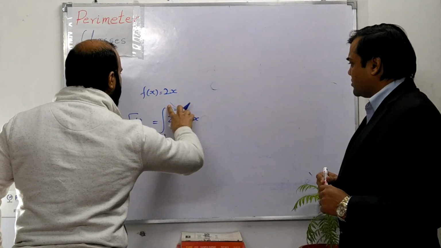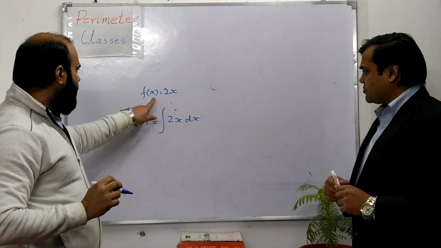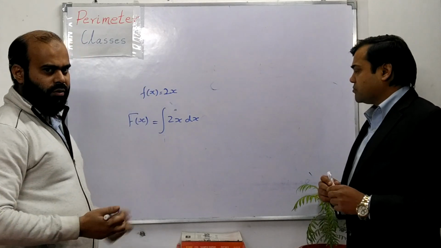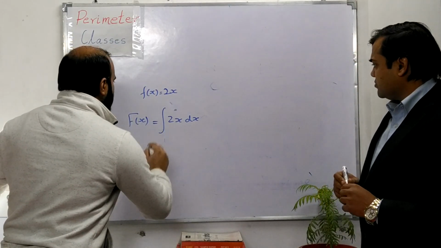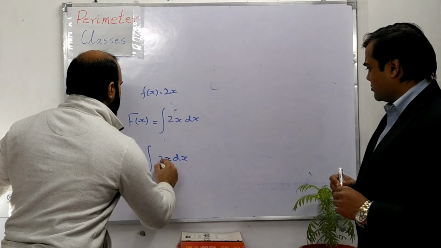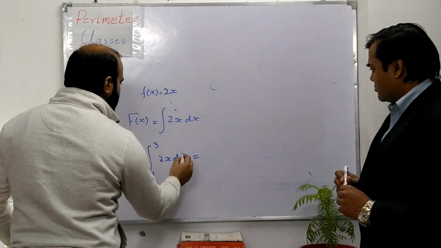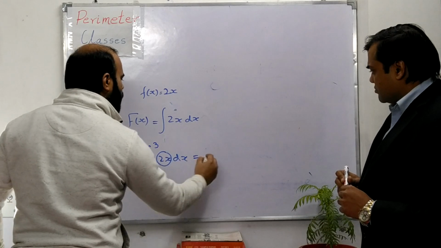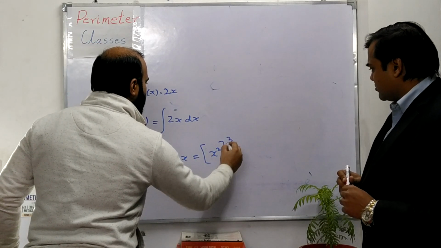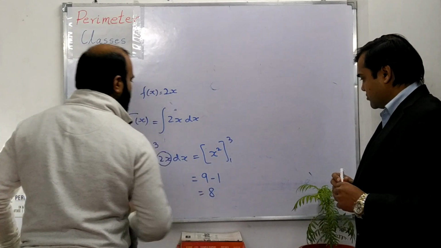When we are not putting the limits, we get capital F(x), the integral of small f(x), because the derivative of capital F(x) is small f(x), just the anti-derivative. But when I put the limits 1 to 3 on 2x dx, the integration of 2x is x square, so we simply put the limits 1 and 3. This becomes 9 minus 1, which is 8.